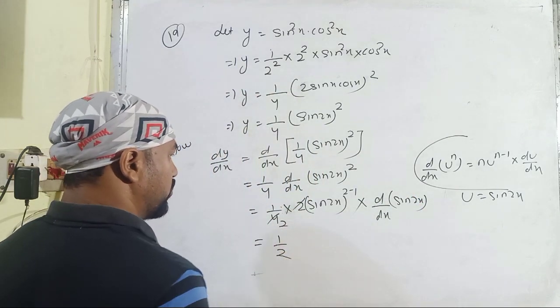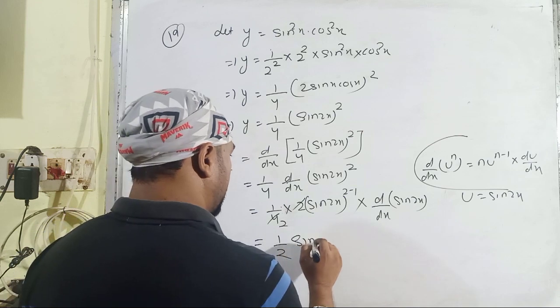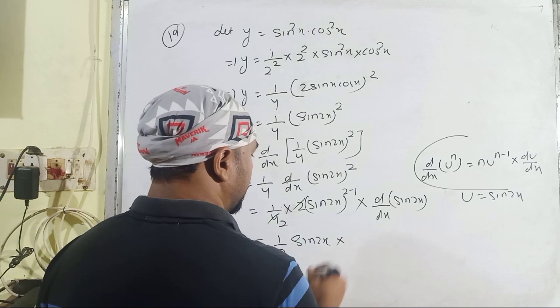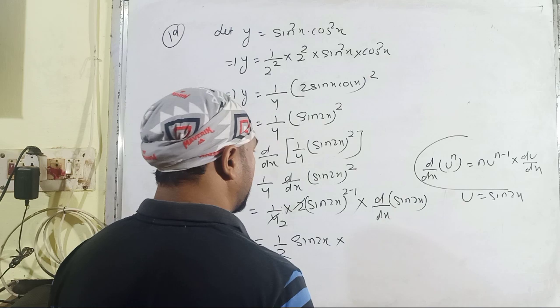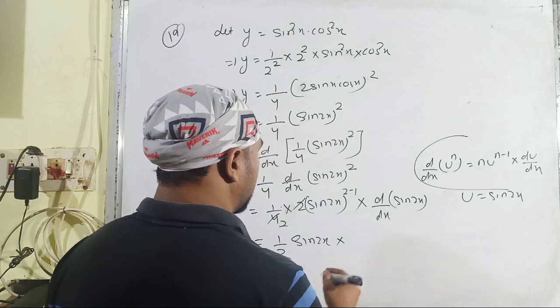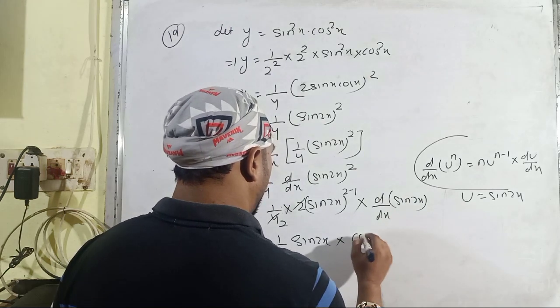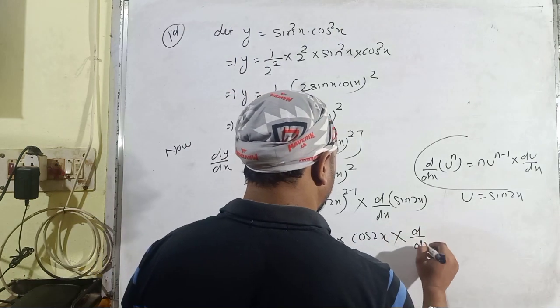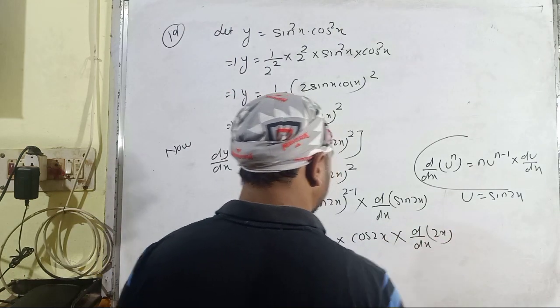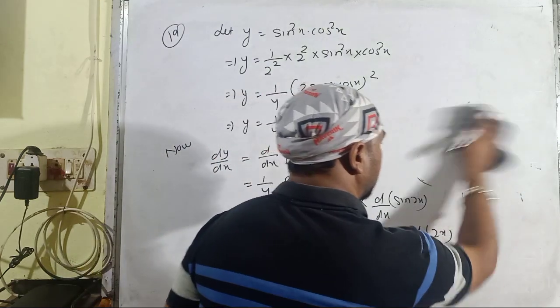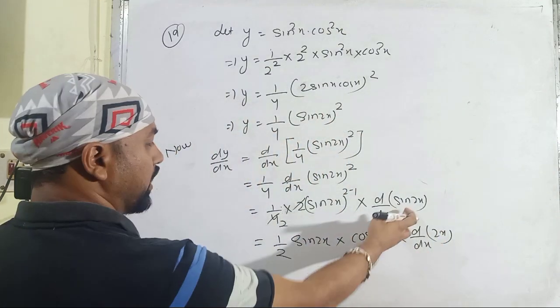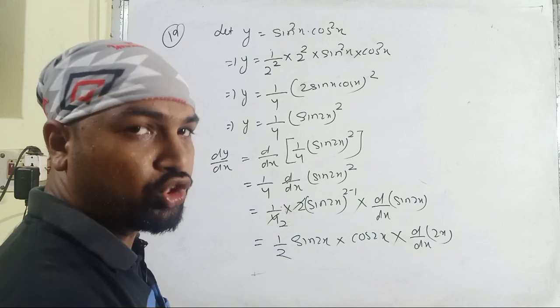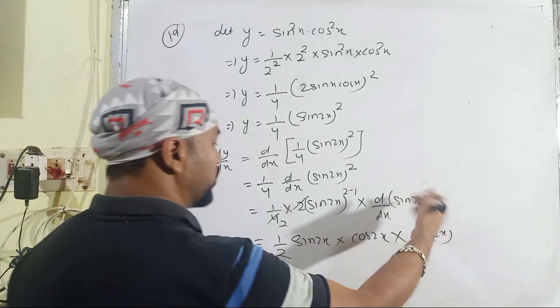So it is 1 upon 2 sin 2x multiplied with differentiation of sin 2x, that means it is cos 2x, again multiplied with differentiation of 2x, because again sin 2x is a composite function, and again we have to use the chain rule here.